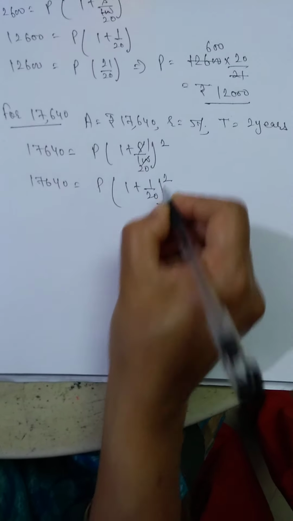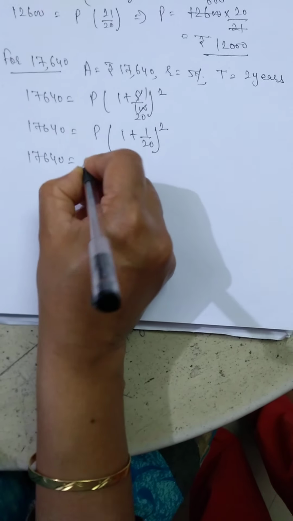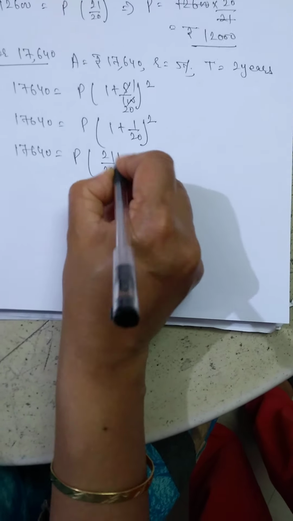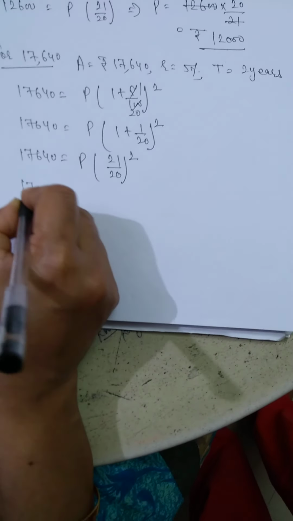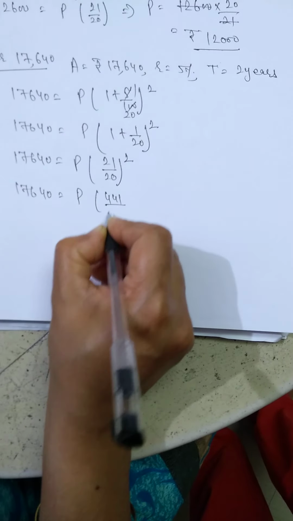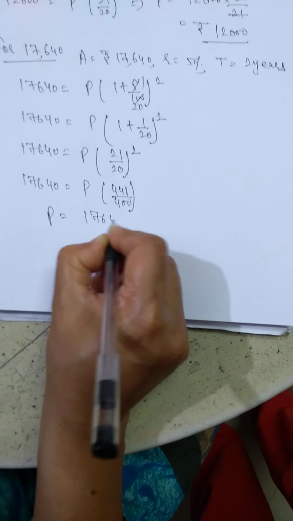After cancelling the terms, we have this term. Now solve the bracket. After taking the LCM, we have this term. Solve the squares. Find out the principal.